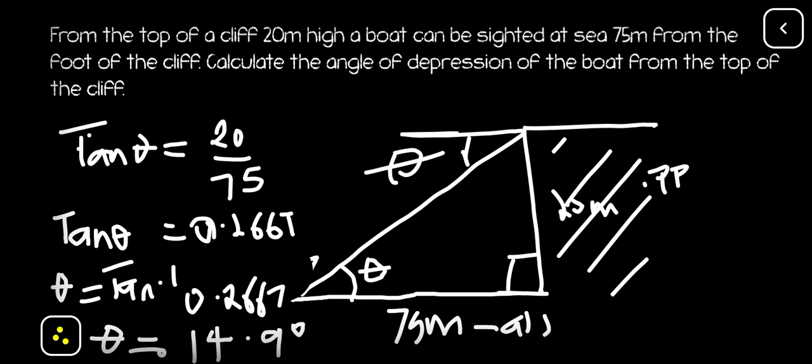So let's see something different. Now I mentioned that in terms of elevation and depression, we have questions that involve just single triangles. Sometimes it can involve double triangles. But there's a type of single triangle question that could be a little bit complicated.